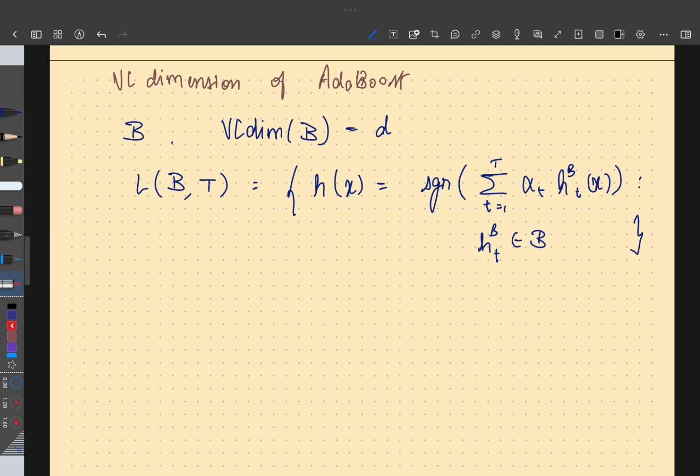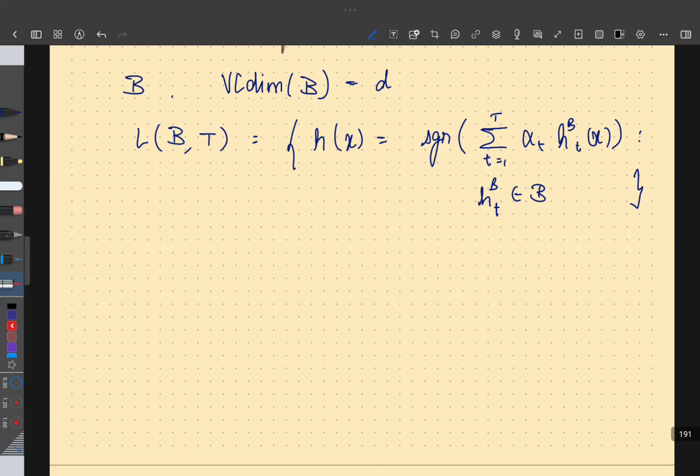So irrespective of what the trajectory of AdaBoost looks like, at the end of T steps you end up with a predictor that looks something like this. You can think of this as taking capital T predictors from the base hypothesis class and composing that with a linear classifier. That's basically what this is doing.